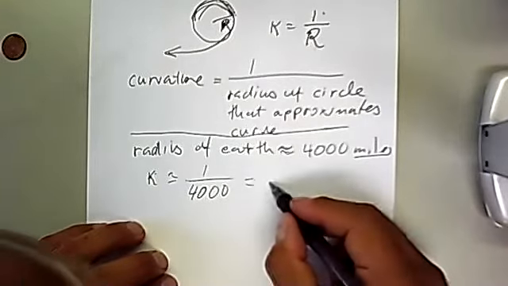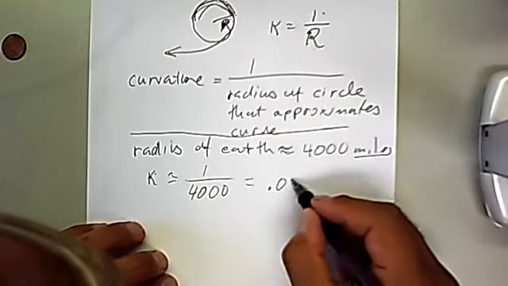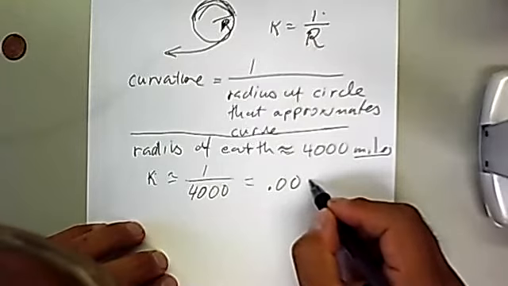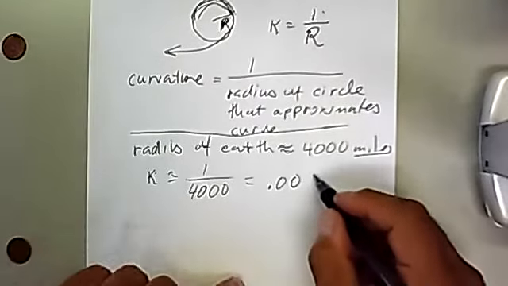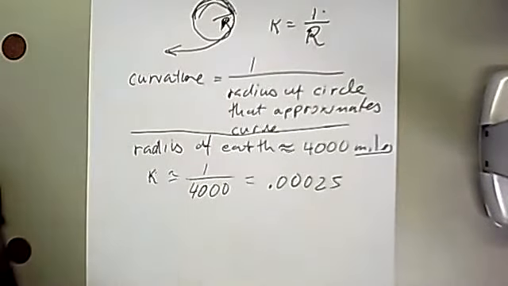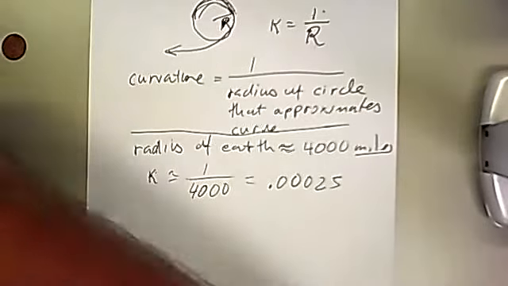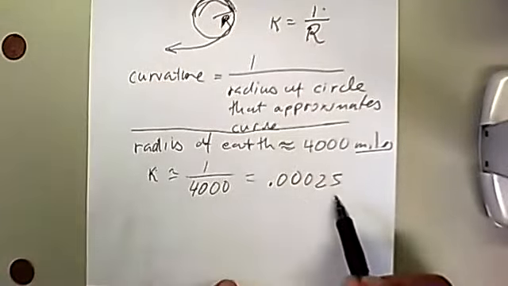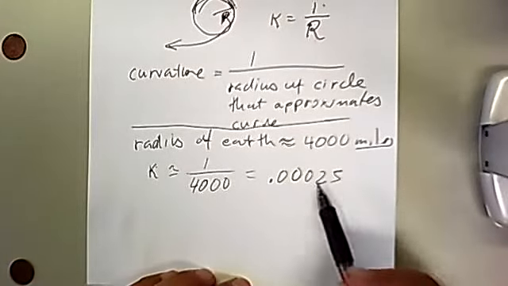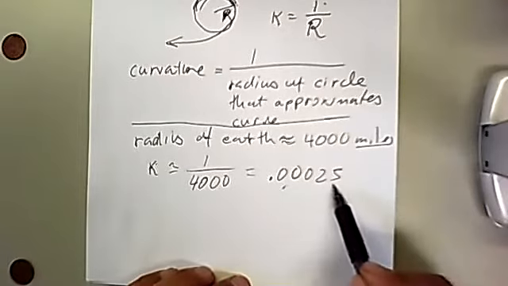Let me double check with a calculator very quickly. 1 divided by 4,000. Yeah, 3 zeros and a 25. So that is the curvature, very, very tiny curvature, of Earth, using miles as units.